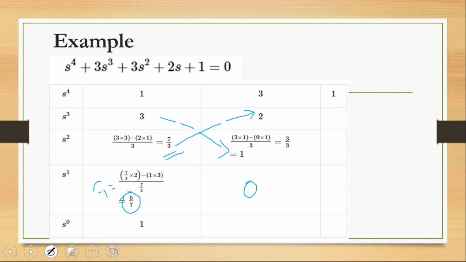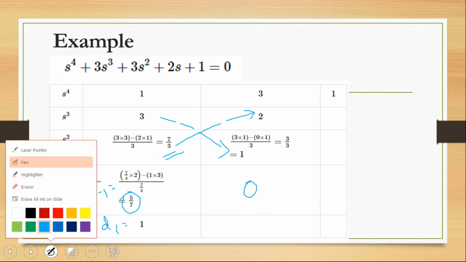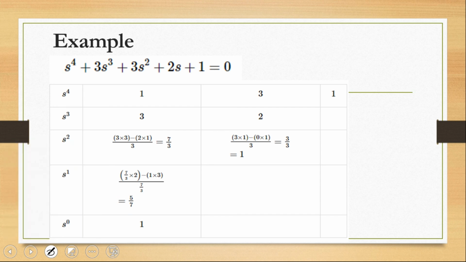Next, how are we going to find D1? D1 is 5 by 7 into 3 by 3 minus 7 by 3 into 0, divided by 5 by 7.